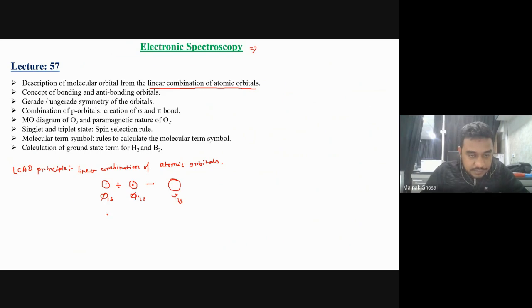So there could be electron densities like that. This is called a bonding orbital. This is called an anti-bonding orbital.